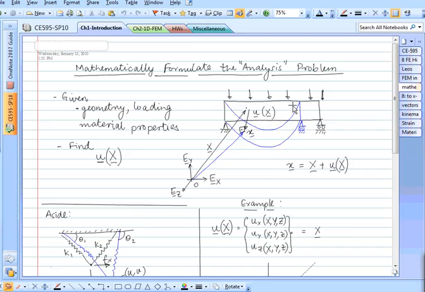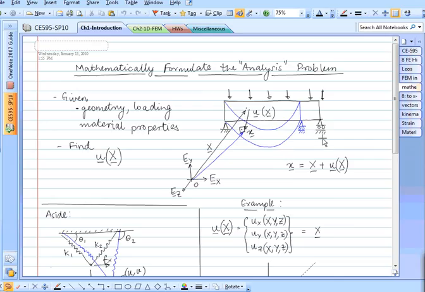So let me ask you this. We just proved that in order for equilibrium to hold in the deformed configuration, the equation that we need to solve for at each and every point in this deformed configuration is div sigma plus b is equal to rho u double dot. Does that equation hold anywhere outside? Obviously, the real structures are supported on real soil, right?